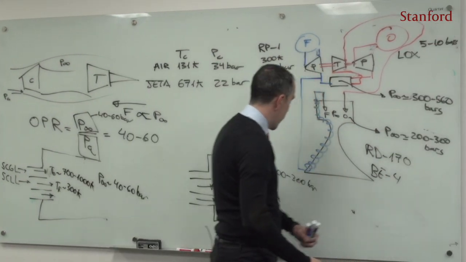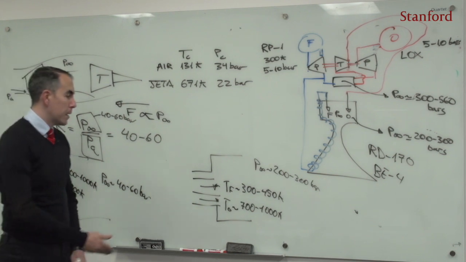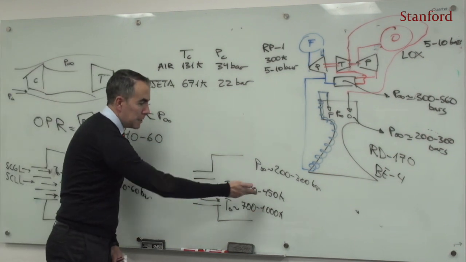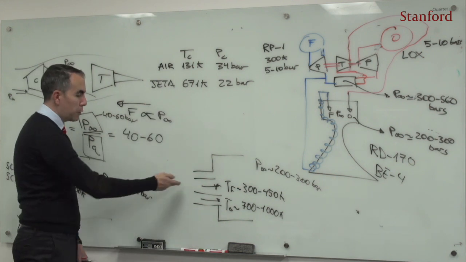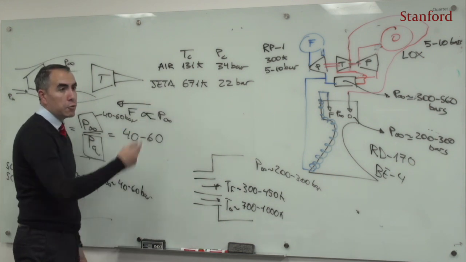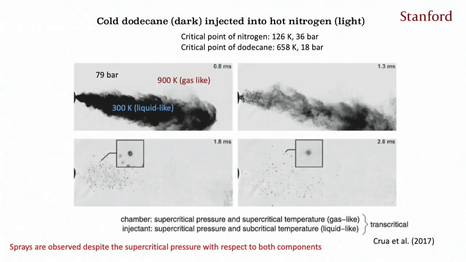So you may ask, why are they transcritical conditions? Because of the following. If I take this similar setup, and instead of using rocket propellant or Jet A, I use dodecane, then I will see this, which was seen in experiments. There you have a system that resembles the one that I have plotted on the whiteboard.